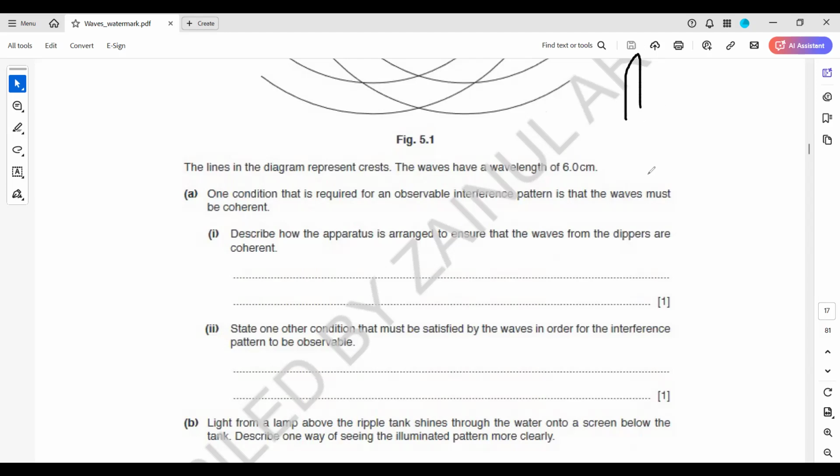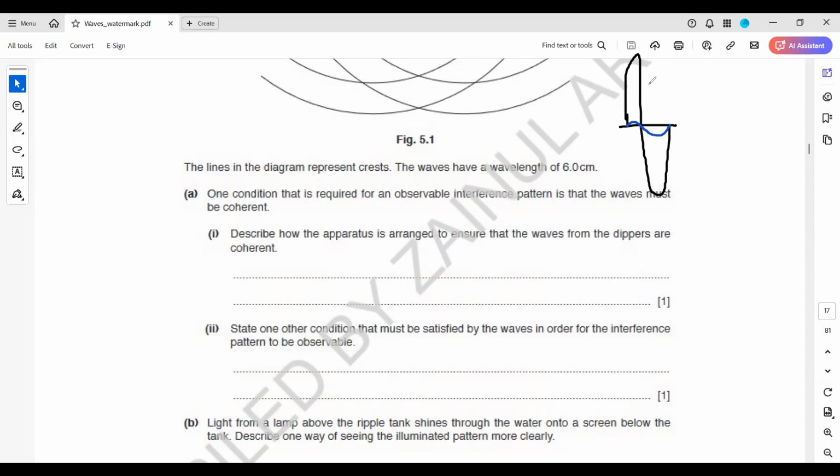I cannot observe the interference of two waves if one is, for example, 10 centimeters and the other is 1 centimeter, even though they have the same frequency. This is not a considerable amplitude. So they should have a similar amplitude to observe the interference.